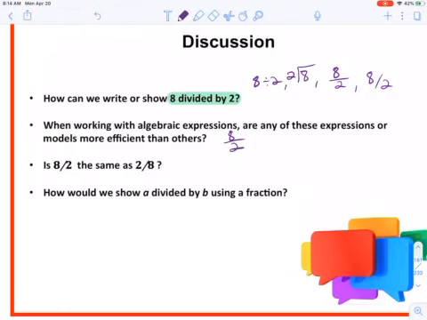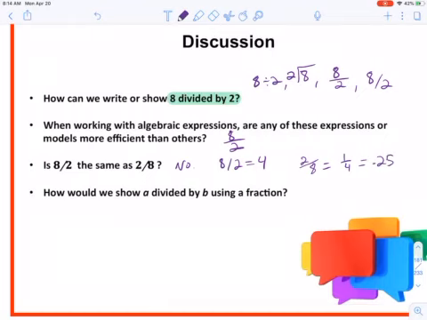So, is 8 divided by 2 the same as 2 divided by 8? No. 8 divided by 2 equals 4. 2 divided by 8 is equal to 1/4, which equals 0.25.